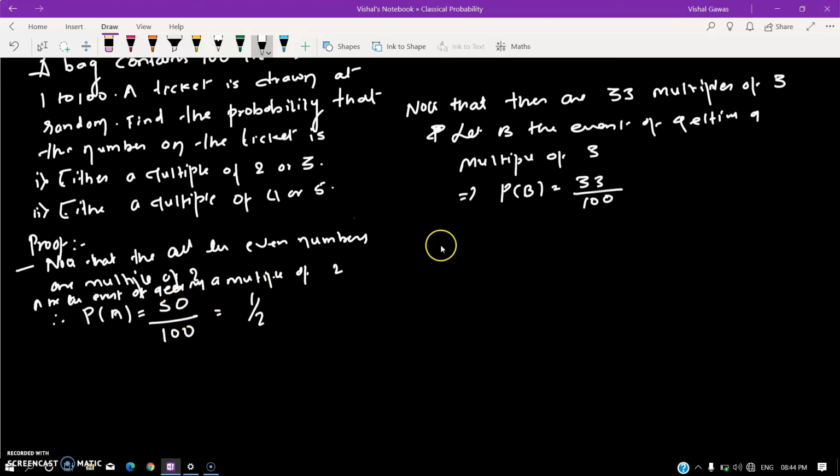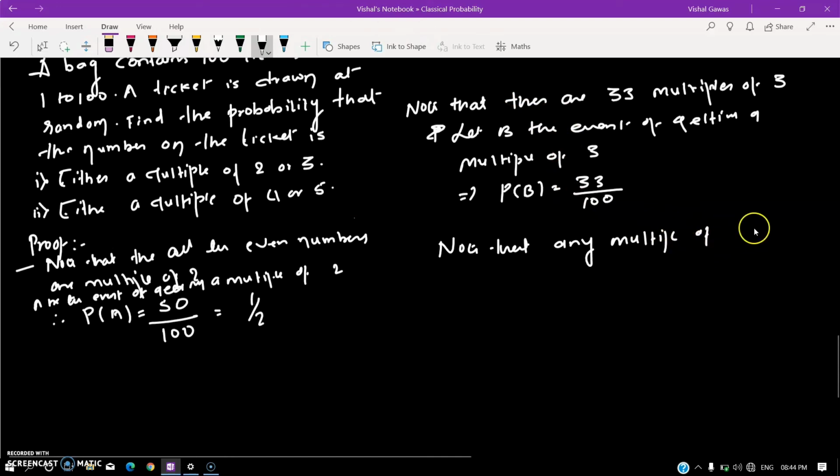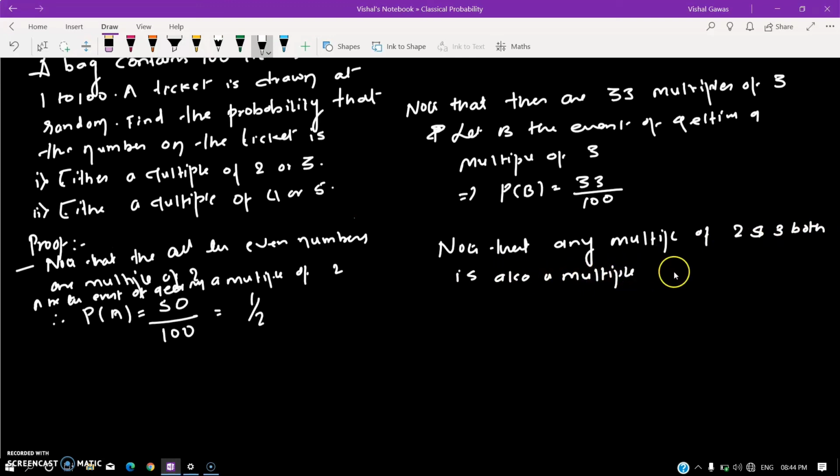So let's write down. Note that any number which is a multiple of both 2 and 3 is also a multiple of the LCM of 2 and 3.